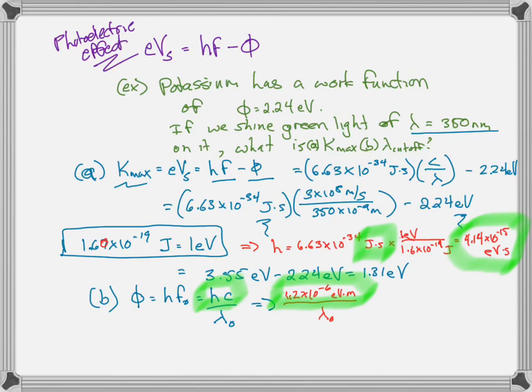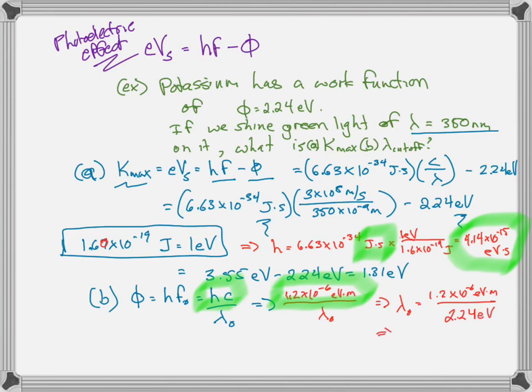hc is 1.2 times 10 to the minus 6 eV meters, or you can look it up in joule meters. In any case, it doesn't matter. Those are just unit conversions, really. So therefore, lambda 0 is equal to 1.2 times 10 to the minus 6 eV meters divided by the work function, which was 2.24 eV.